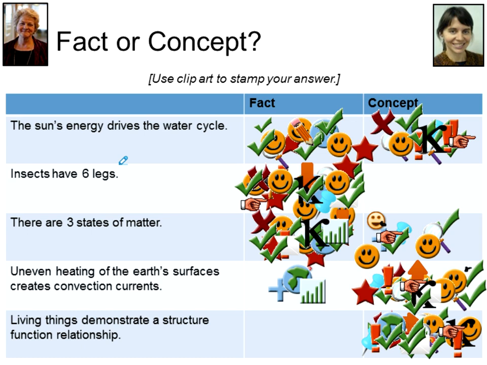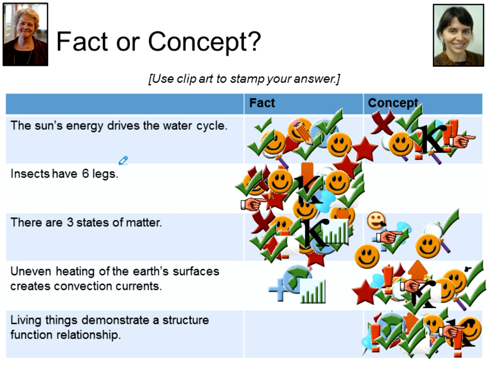One of the things that we want to use in terms of trying to think about whether something is a fact or a concept is the idea of whether it is a discrete piece of information or whether it indicates a relationship of some kind. If you look at insects have 6 legs, we know that's a pretty discrete piece of information. But if you look at the one above it, the sun's energy drives the water cycle, we know that in order for us to understand that, it involves quite a few relationships.